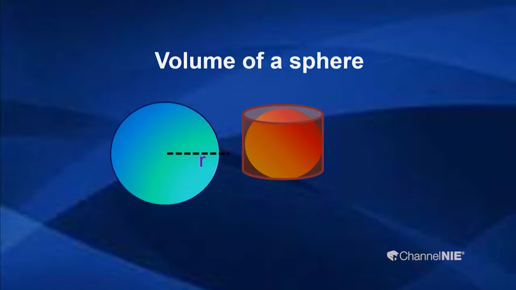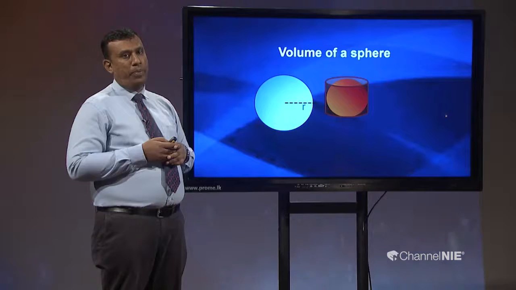What is a circumscribed cylinder? When considering the radius of the sphere, if you multiply that radius by 2, you can obtain the diameter of this sphere. The height of that cylindrical part and the diameter of this sphere are both the same.